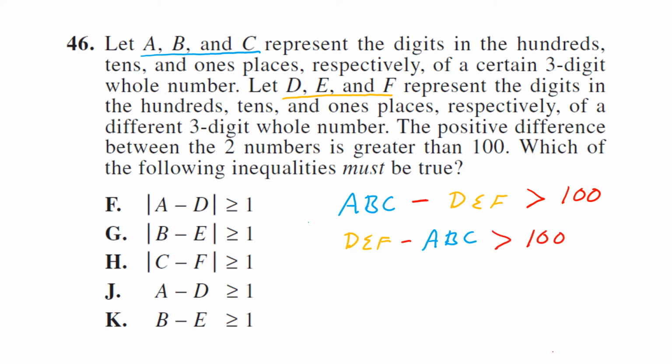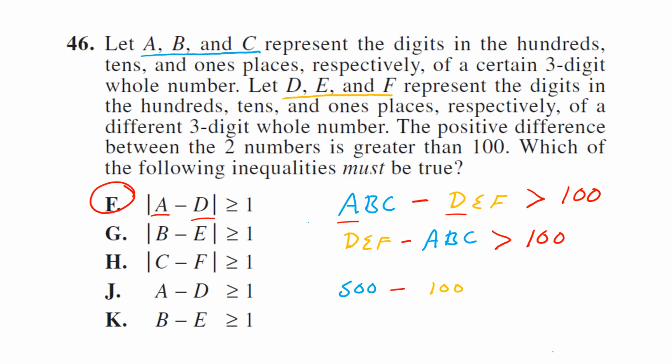So A minus D. The absolute value of A minus D is greater than 1. Yeah, because that's the 100 place. So it would be like saying the absolute value, doesn't matter what 100 it is. So let's say ABC is 500 and DEF is just 100. So 500 minus 100 is greater than 100.